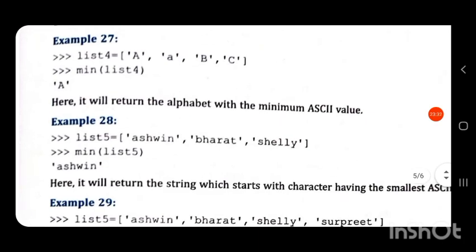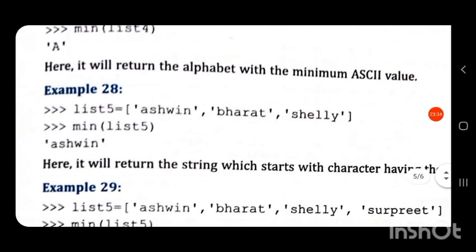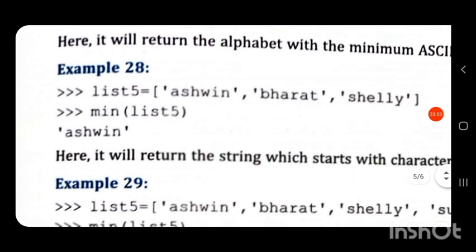Then here also, Ashwin has the smallest ASCII value, because it will compare the first letters. The first letter of the element Ashwin has the smallest ASCII value, so it returned Ashwin as the minimum element. If the first letters are the same, only then will it check the second letter.